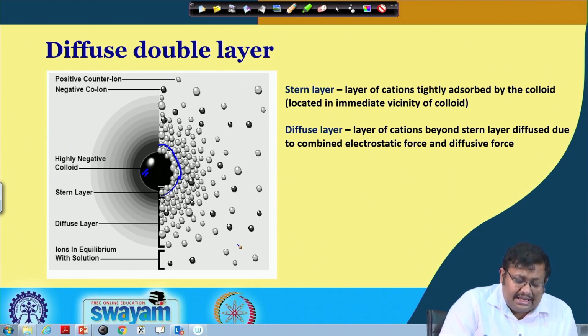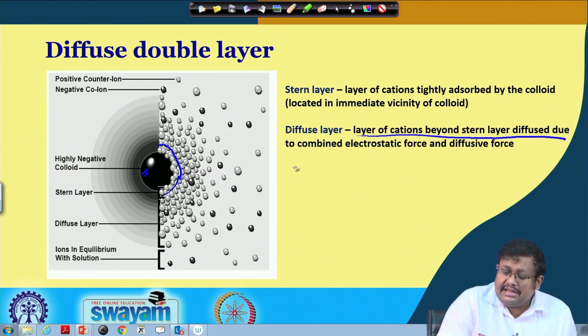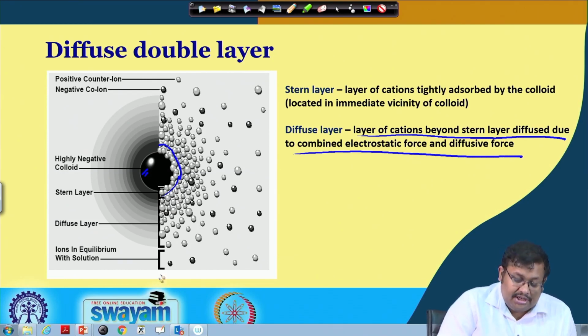The diffuse layer is the layer of cations beyond the Stern layer, diffused due to the combined electrostatic force and diffusive force. Finally, further away from the diffuse layer, you will see the ions in equilibrium with the soil solution.